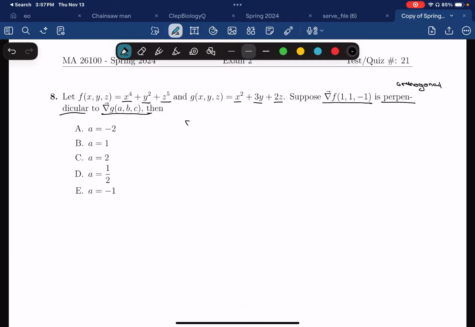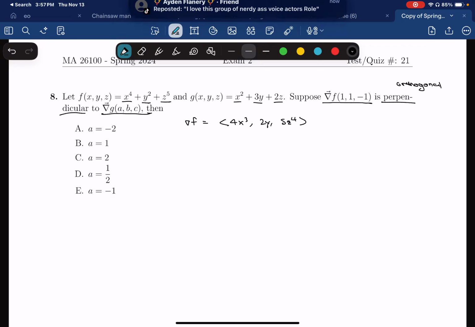So what we've got to do is take the gradient of both of them first off. In this case, this will be (4x cubed, 2y, 5z to the 4th). And the gradient of g would be equal to (2x, 3, 2).